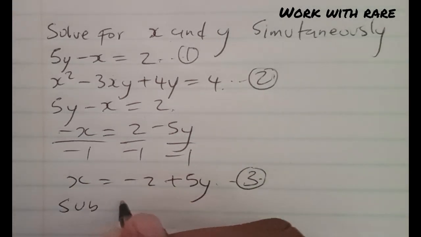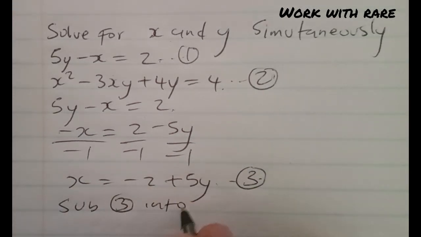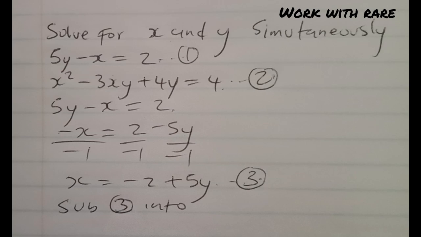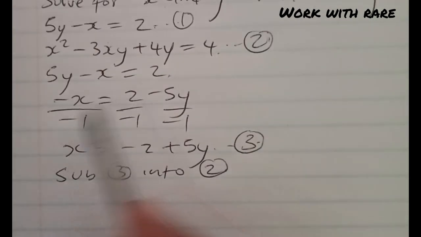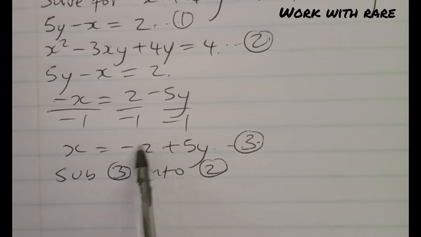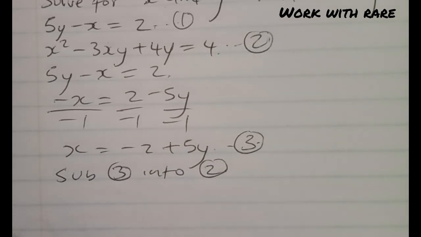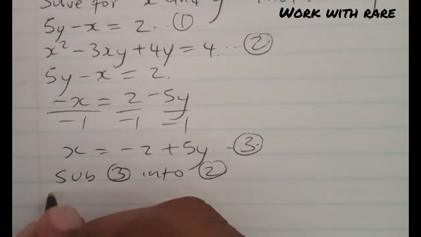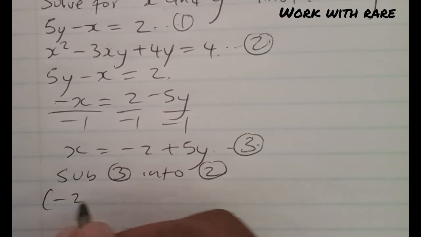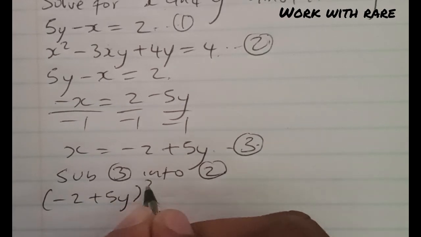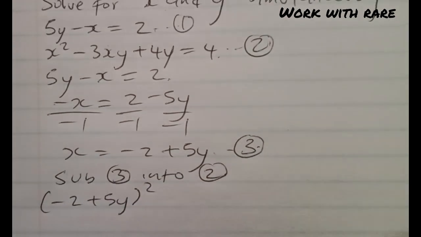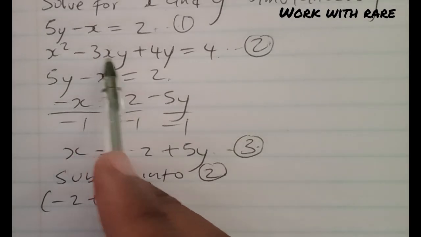Now we'll substitute equation 3, which we took from equation number 1, into equation number 2. Where I see x, I'll write this. The first one is already for x, but we don't have to forget our square, minus, remember here it's negative 3xy.